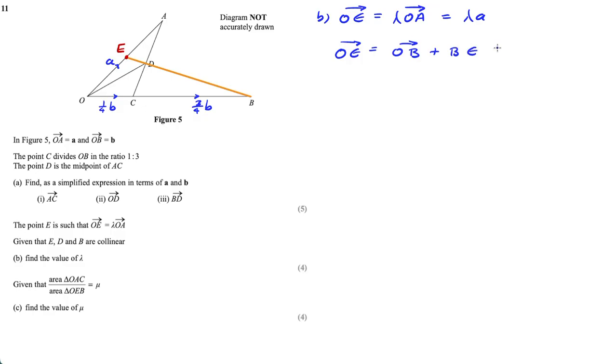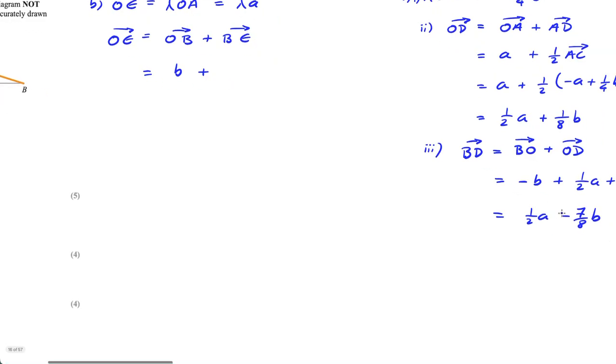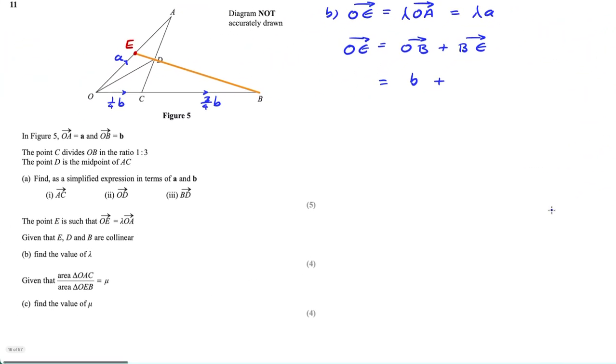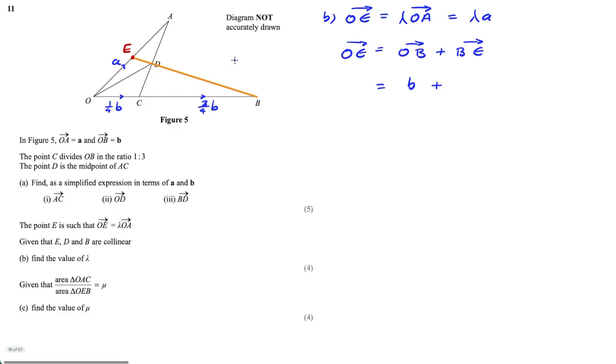Now I know OB, well, OB is just B. BE, I don't know, but I do know BD. So BD, guys, I got here, it's a half A minus 7/8 B. That is BD. Let me just write that here. BD is equal to a half A minus 7/8 B.